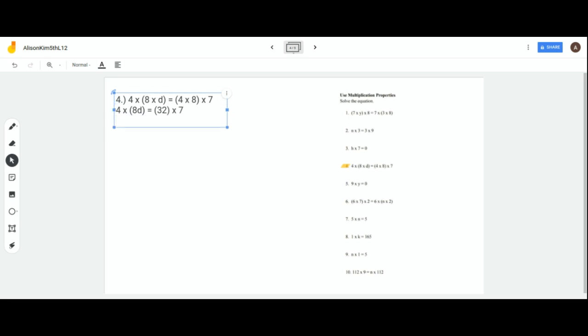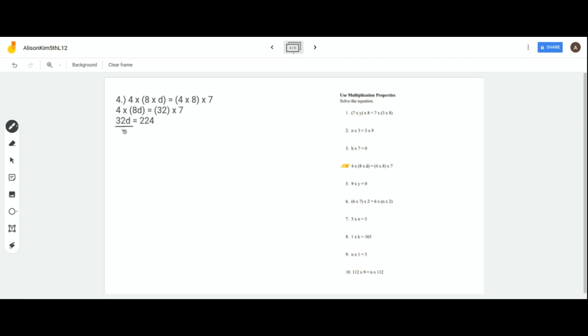Now we need to simplify further. 4 times 8d is what? Just 32d. Equals what? 32 times 7. Let's try it out on our calculator to take less time. 224, right? Now we need to get d alone since we're solving for d, so we divide by 32. I'll just draw it if you want.